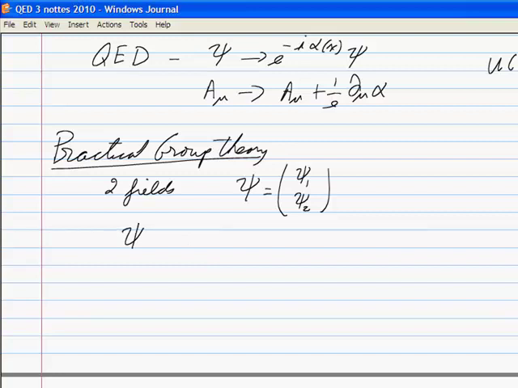Clearly, the type of thing that would preserve quantum mechanics is unitary transformations on these 2 guys. So I could make psi prime some unitary transformation of those 2 guys. So this is a 2-by-2 unitary.